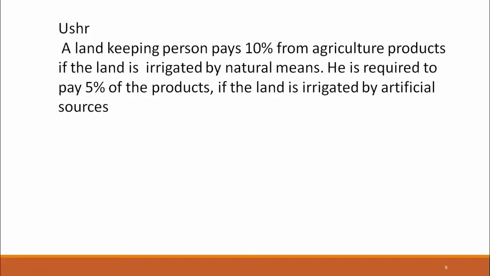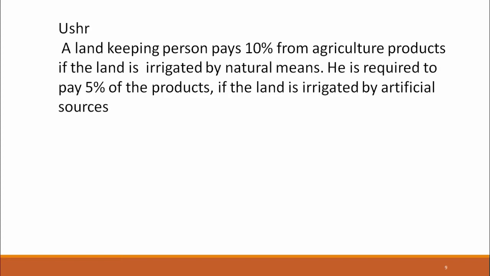A land keeping person pays 10% from agricultural products if the land is irrigated by natural means. If land is irrigated by natural sources, then the person can pay 10% from agricultural products. And he is required to pay 5% of the product if the land is irrigated by artificial sources. So this is a very important point.